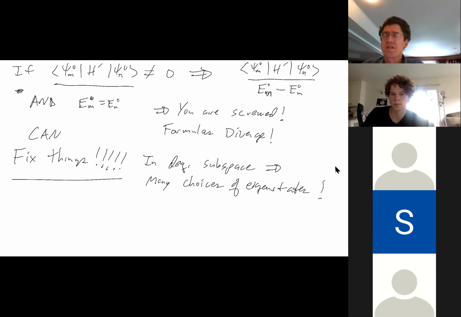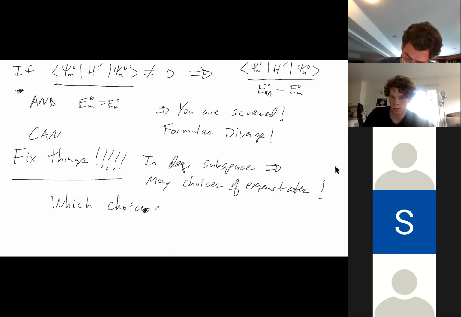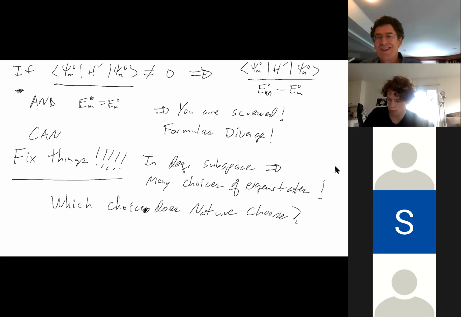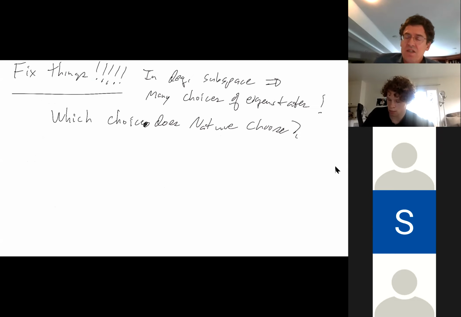So here's the question. Which choice is the right one? Which choice does nature choose? Well, let's consider the energy of our state.